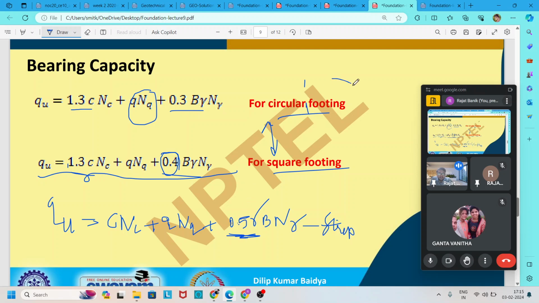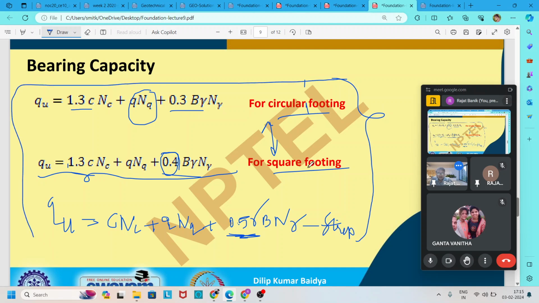These are the basic differences for these three types of footing. We need to remember this because sometimes the formulas get mixed up. You need to read the question carefully and check which type of footing is there, whether circular, square, or strip footing. Based on the type of footing, the formula changes.